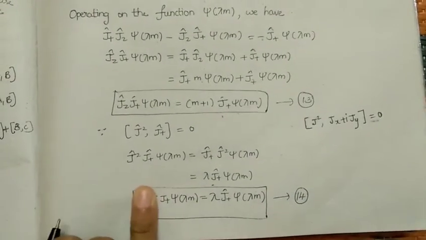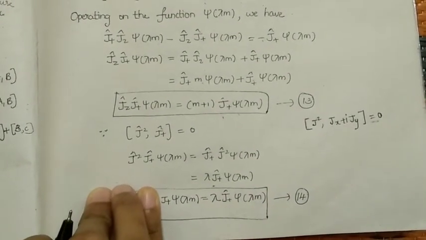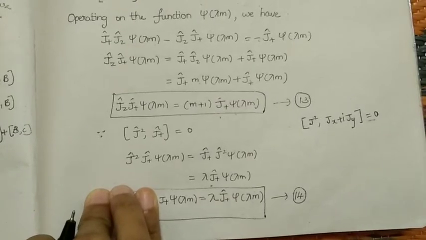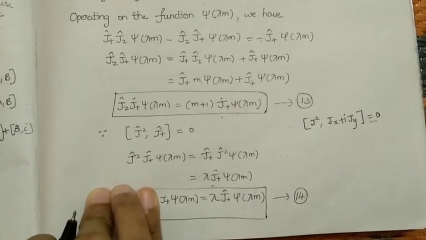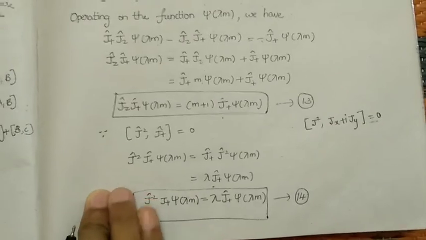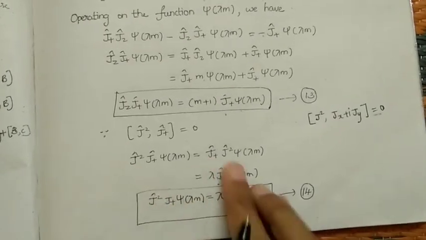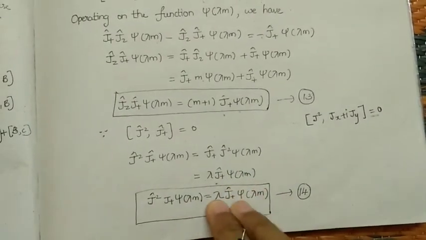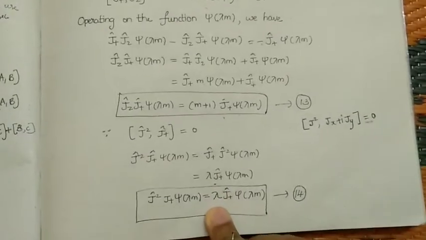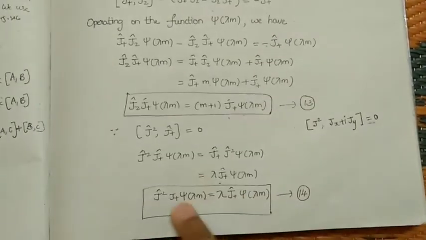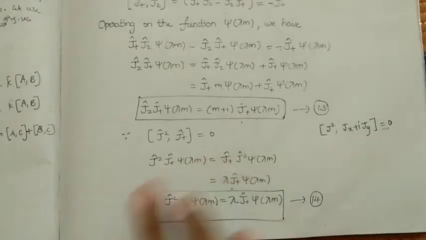Initially we took xi of lambda m as the wave function. Here j plus into xi of lambda m is taken as the wave function. So j square operating on this wave function gives us the same wave function multiplied by its eigenvalue lambda. So this is also an eigenfunction of j square. So these two conclusions can be drawn.